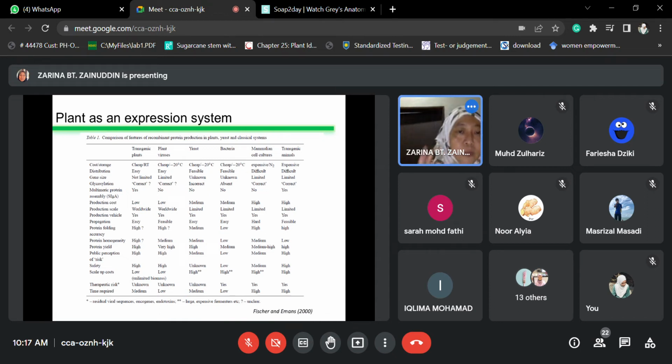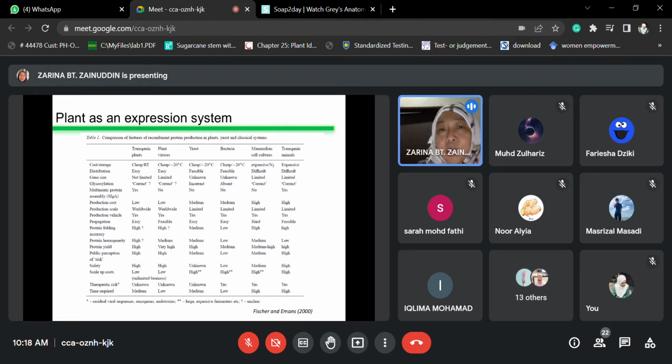All right. And glycosylation: for some proteins to be active, they need to be glycosylated. Glycosylation can happen in transgenic plants in the correct glycosylation process, which is similar to plant viruses, but in yeast incorrect glycosylation can happen. When there is incorrect glycosylation, the protein that you express, for example a vaccine, will be wrongly glycosylated, so it will not function. In bacteria, there is no process of glycosylation.